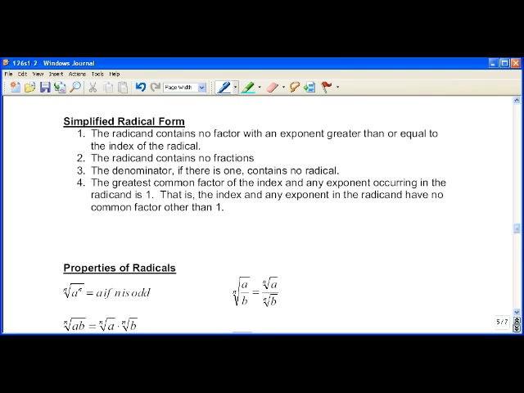The radicand contains no fractions. The denominator, if there is one, contains no radical. That's really important. And the greatest common factor of the index and any exponent occurring in the radicand is 1. That is, the index and any exponent in the radicand have no common factor other than 1.